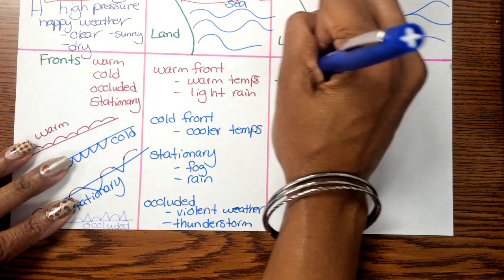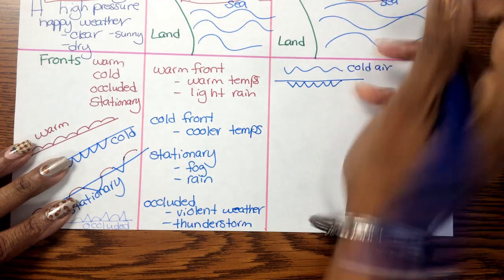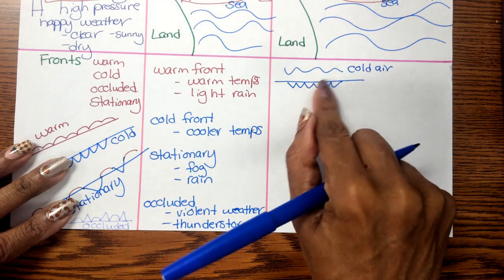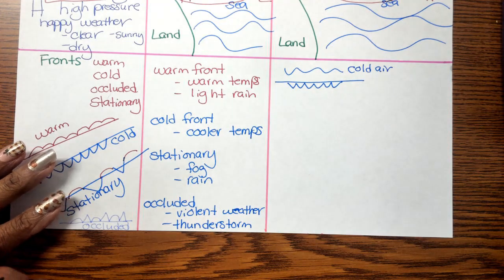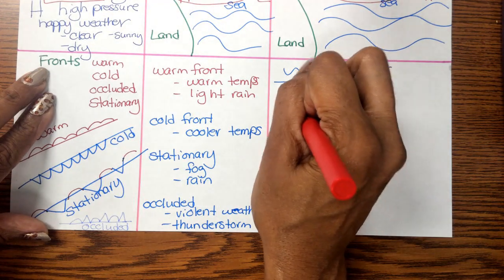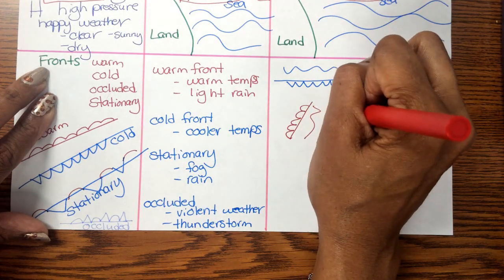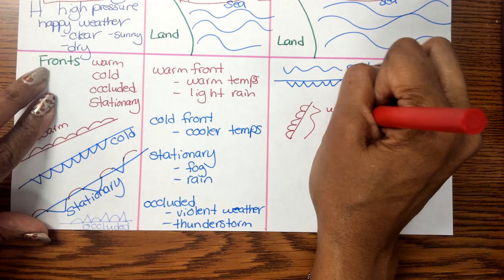This is where the cold air is here. So the cold air is behind where the front begins. Okay? So same thing with a warm front. Warm air is here. Okay?